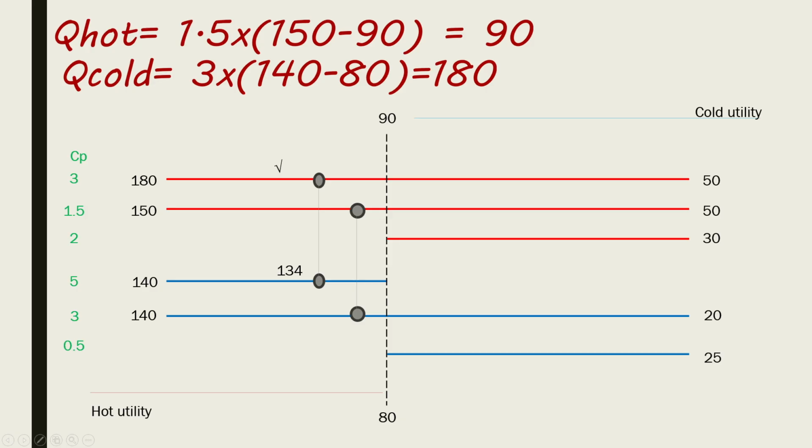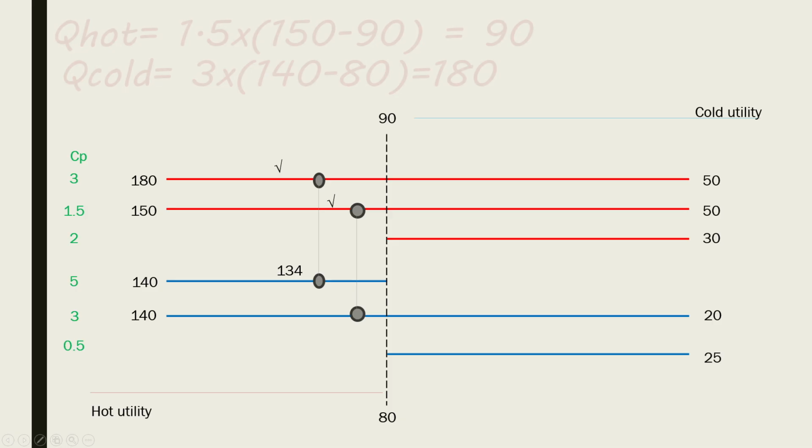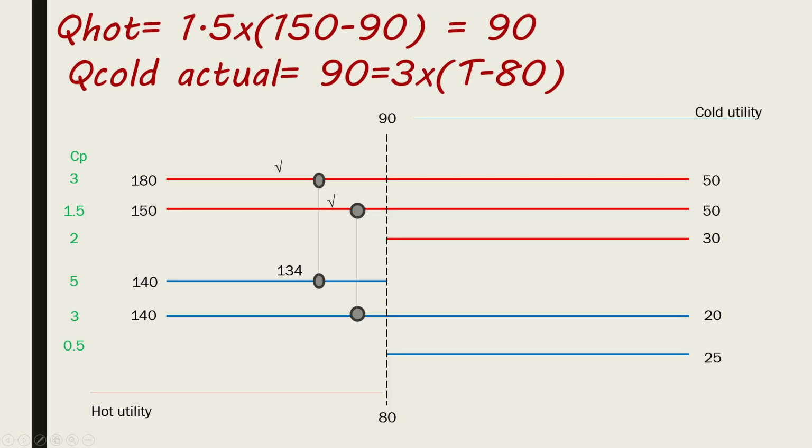So the hot stream is going to reach the desired temperature, and now we need to calculate the cold stream temperature. Again, we are going to keep the pinch temperature, so we are going to write 90 equals 3 multiplied by T minus 80, which gives us 110 degrees Celsius.